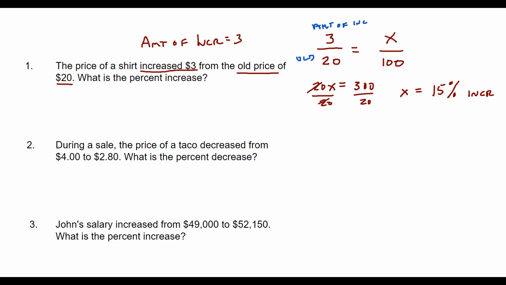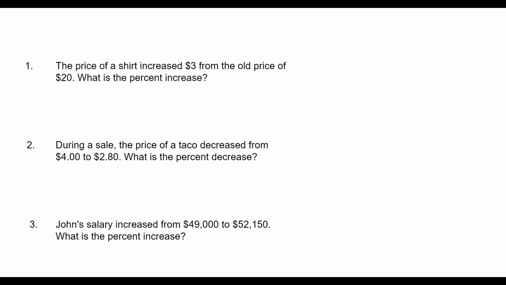All right, let's clear that off and look at problem 2. During a sale, the price of a taco decreased from $4 to $2.80. What is the percent decrease? Now, here we aren't given the amount of the decrease. We're given the old amount, $4, and the new amount, $2.80.